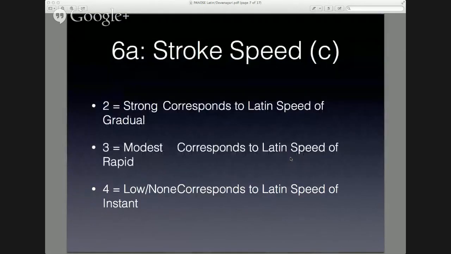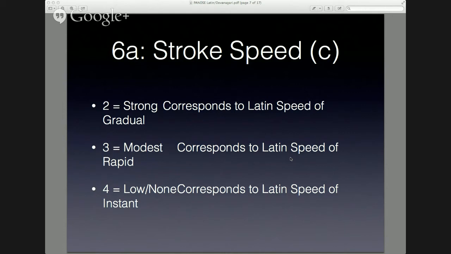Stroke speed. Stroke speed is an interesting concept. It only applies to curved characters, but what you'll see in the typographic toolbox when you're drawing curves is that you can make them slow curves or fast curves or instant curves. So think about an uppercase O like a Bodoni, where it goes from a very thin almost immediately to a very thick.